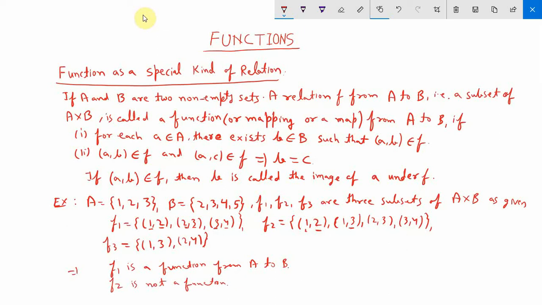Then if we see F3, it has (1, 3) and (2, 4). 1 has an image in set B which is 3, 2 has an image in set B which is 4, but 3 does not have any image in set B. As we know by definition of function, for each element of set A there exists some element in set B. So F3 is also not a function.